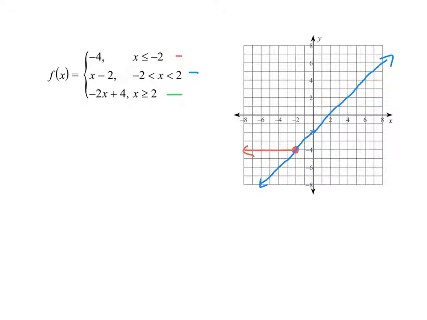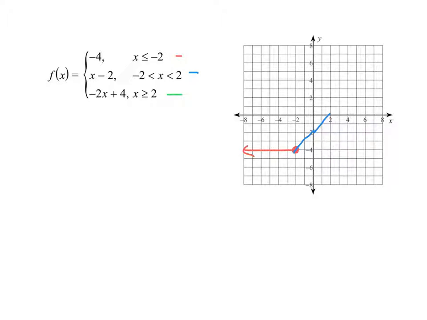And now I only want to look at it for the section between -2 and 2. So I'm going to get rid of the rest of this here. You can see 2 happens to hit it right there at the x-axis. When I get rid of this, now it's actually going to come back right into this little dot.